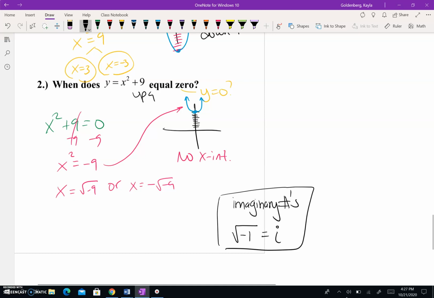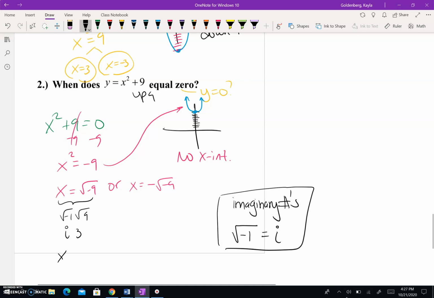And so what's nice about that is if I have the square root of -9, I can write that with an i. So if you think about x as the square root of -9, if I separate the square root of the negative from the 9, I can say, okay, that's an i, and I know the square root of 9 is 3.